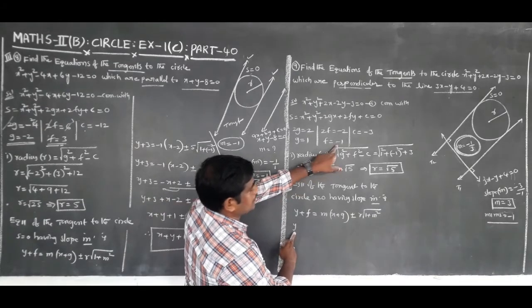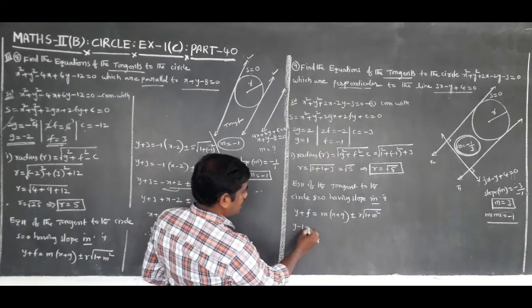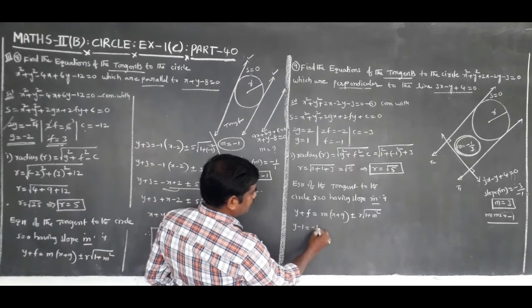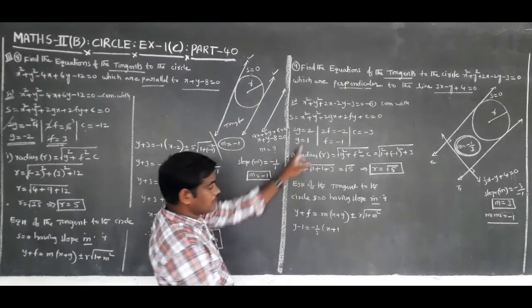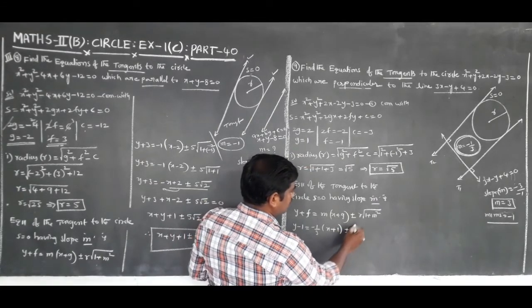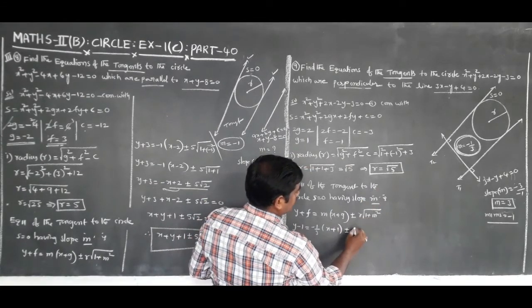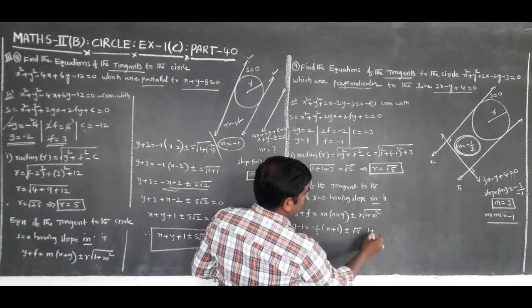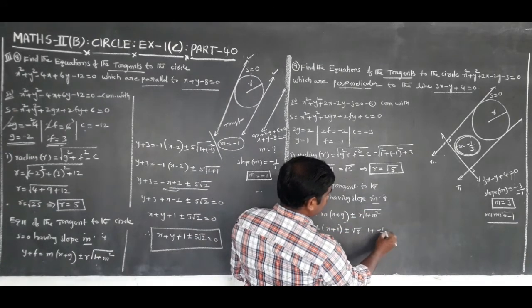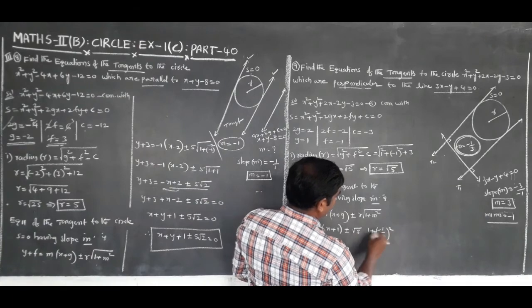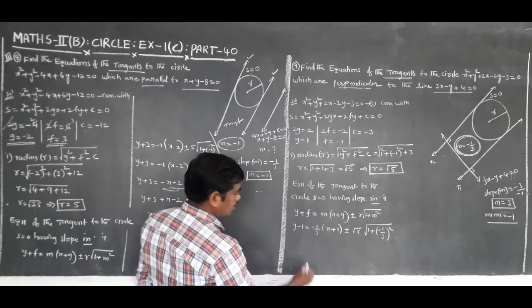y plus f, f is equal to minus 1, m is minus 1 by 3, into x plus g, g is equal to 1, plus or minus r, root 5, into under root of 1 plus m square. m square means minus 1 by 3 whole square, under root.